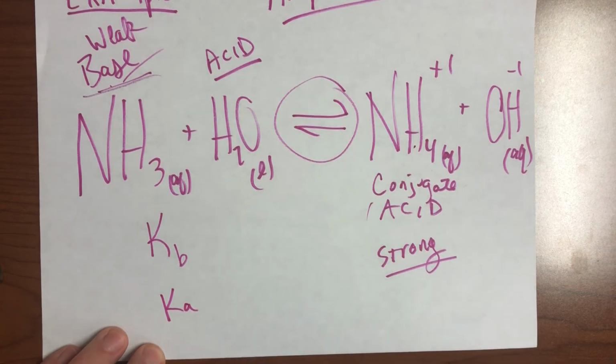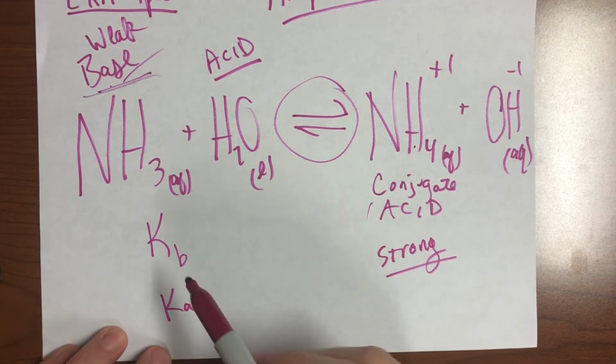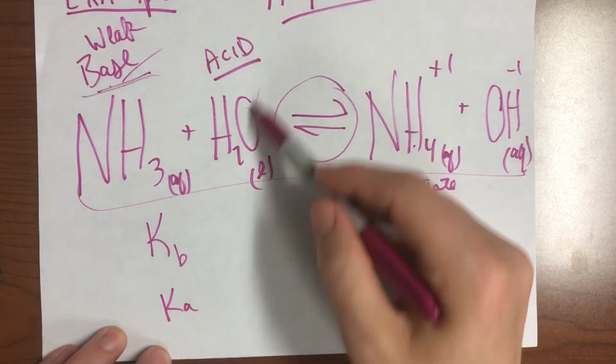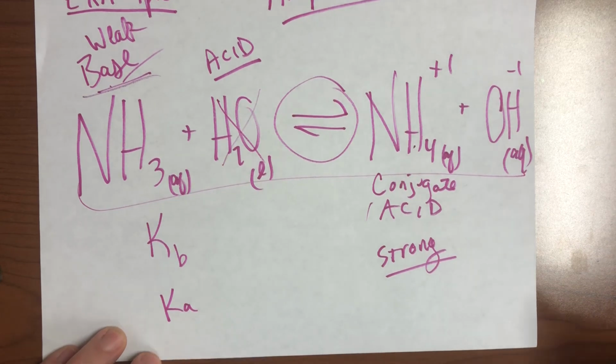And so you can look at those K values, and they work just like Ksp's or other equilibrium constants. They work all the same way, and so you could write out an equilibrium expression for this, which would ignore the water, of course.